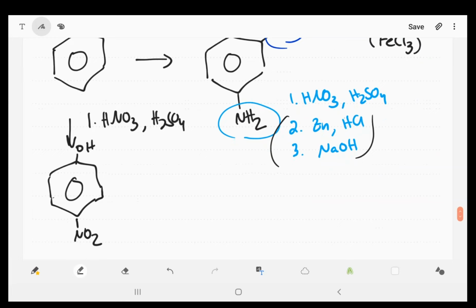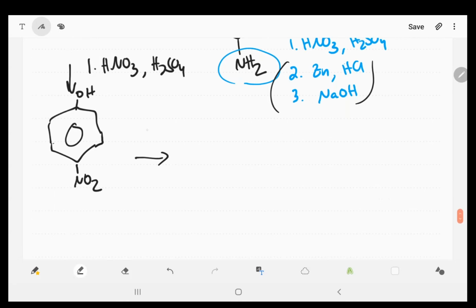So while we still have the OH as our strongest activator, we can go ahead and put some chlorine in there. Again, Lewis acid optional, because we have a strong activator on there. We probably don't need the AlCl3 or FeCl3. Oh, that's ugly. Let's try that one again.